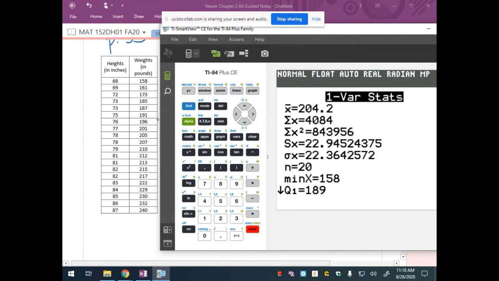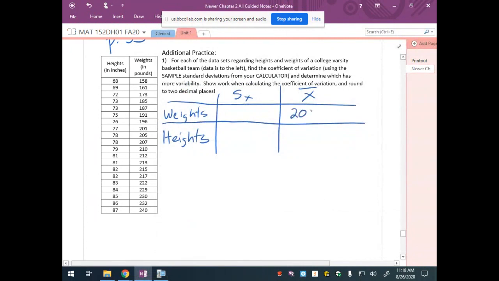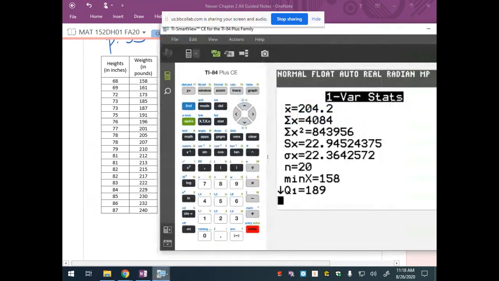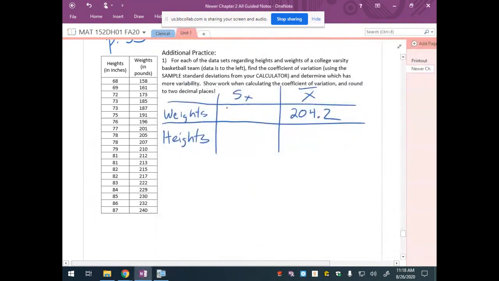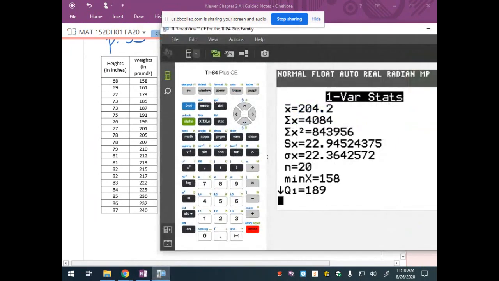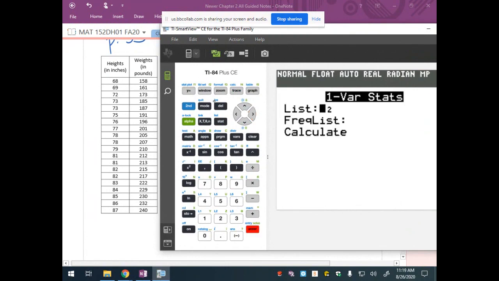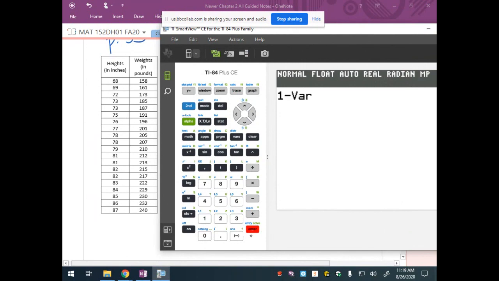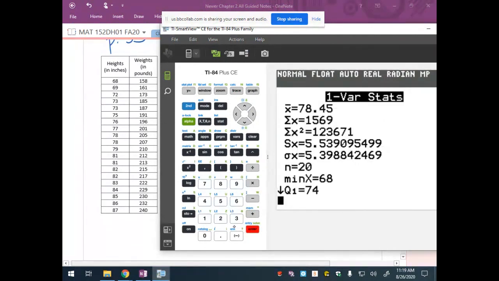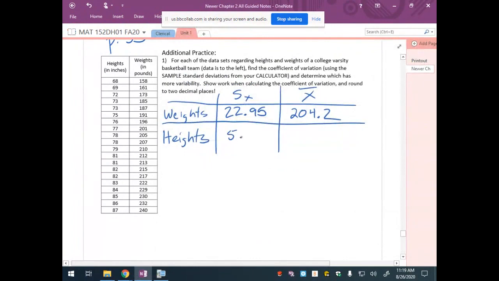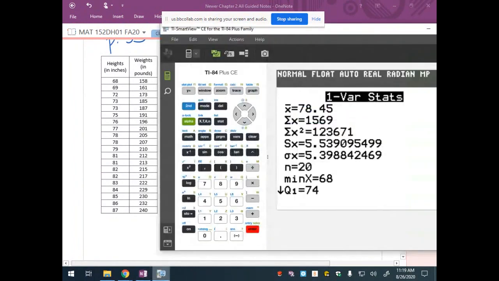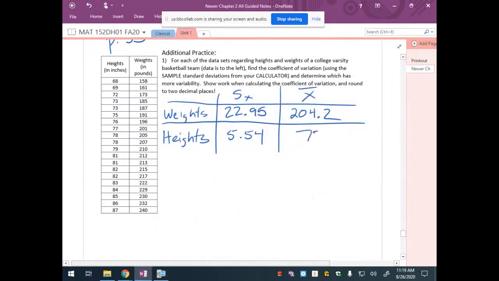That's for my weights. My mean is 204.2. Standard deviation is 22.95. Now I'm going to do the 1-Var Stats for list one, the heights. So second L1, we get a standard deviation of 5.54 and a mean of 78.45.